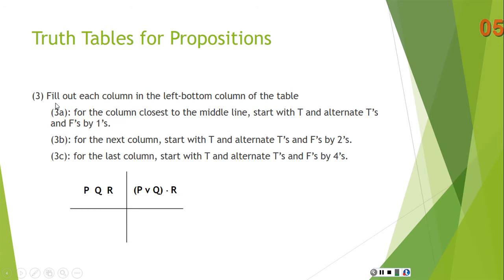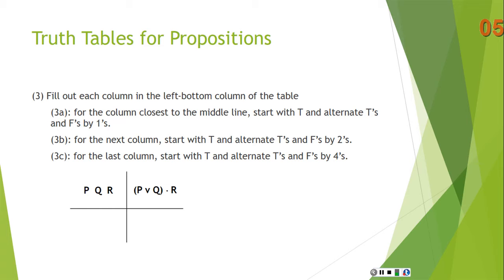So what you do to fill out those 8 lines is you fill out each column in the bottom left column of the table. For the column closest to the middle line, R is the column closest to the middle line, then Q, then P. For R, you start with T on that first line and alternate T's and F's by 1s.